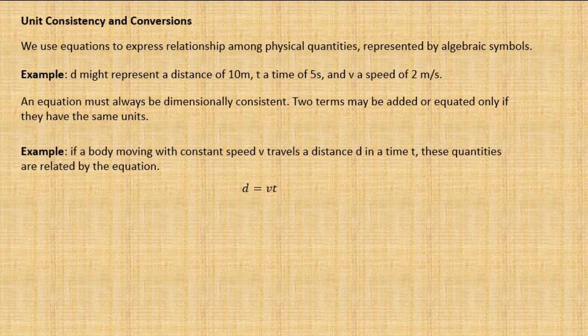We know that velocity is equal to distance over time, right? Velocity refers to how far the object travels per unit of time, or its rate. So d is equal to vt.